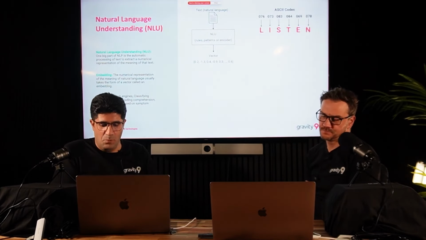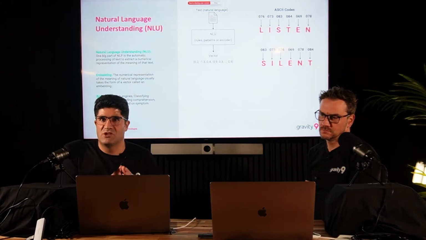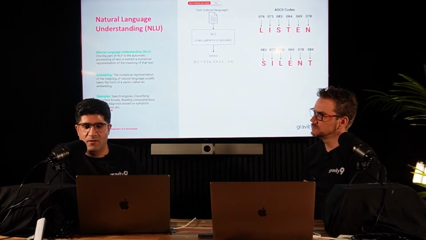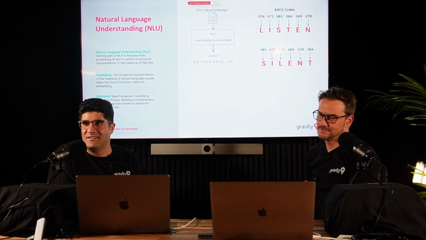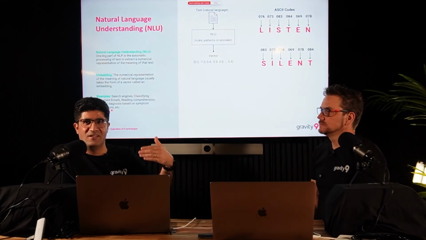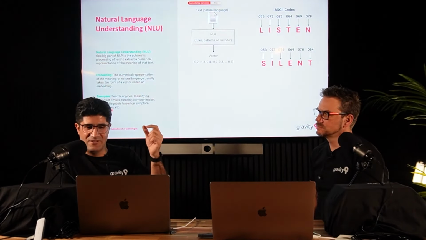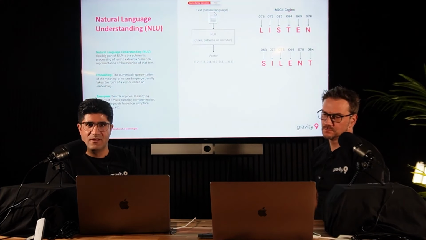So if I go back, in fact, generally, without AI systems, from the beginning of computers, we try to convert letters to numbers. For example, in this case, we have the ASCII code. In ASCII code, for each letter, we assign a number.